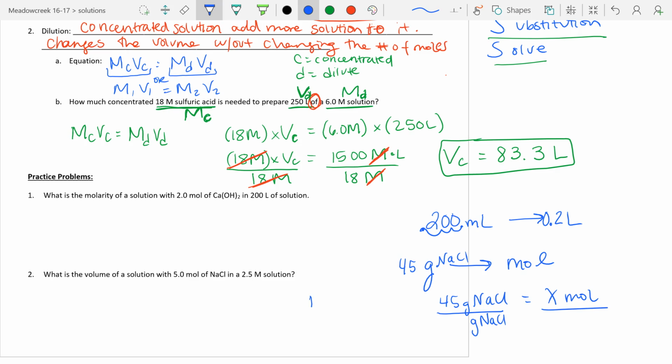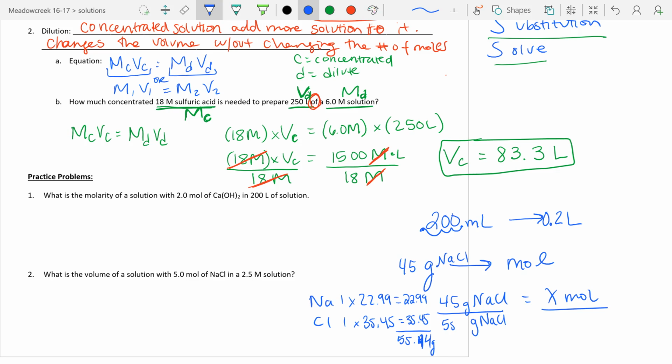So our molar mass of NaCl, we have one of each. The atomic mass for sodium on your periodic table is 22.99 and chlorine is 35.45. When we add them together, you get 58.44 grams.